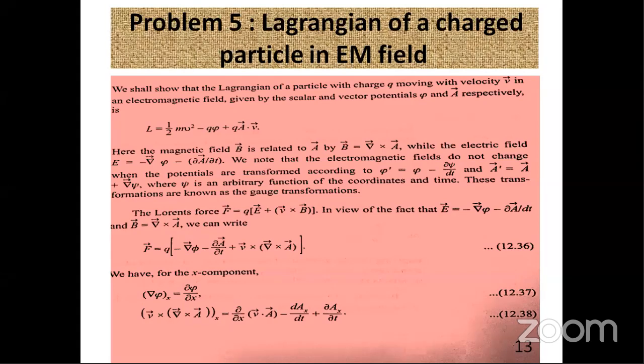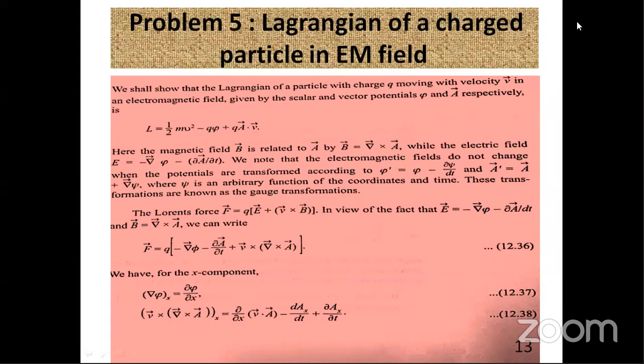We have to calculate the Lagrangian of a charged particle, Lagrangian meaning kinetic energy minus potential energy. Probably the other madam has started electromagnetics, and people have studied electromagnetic field theory. They must now be familiar with the vector and scalar potential.